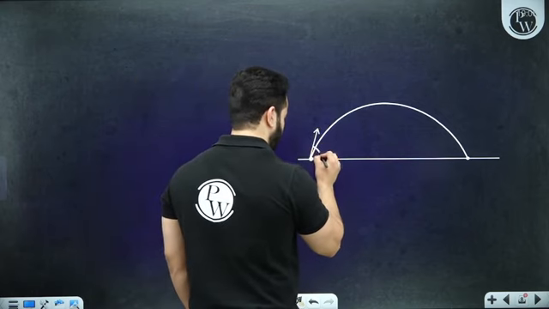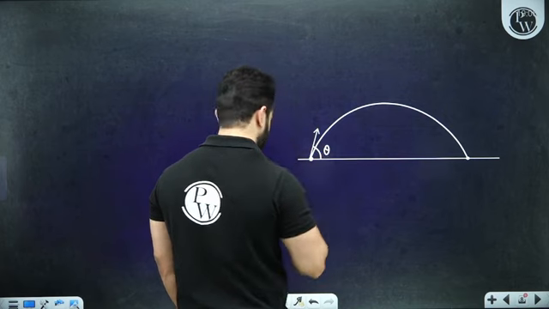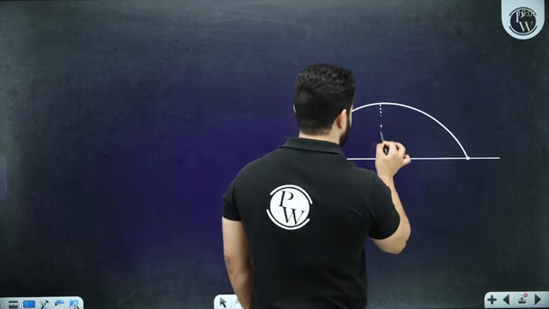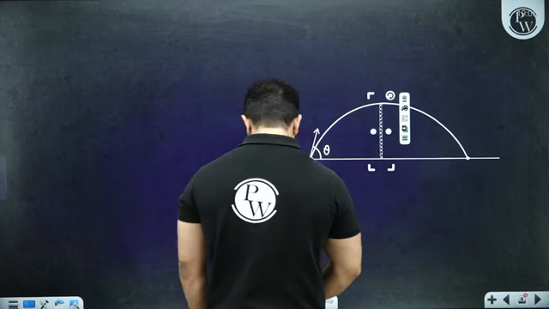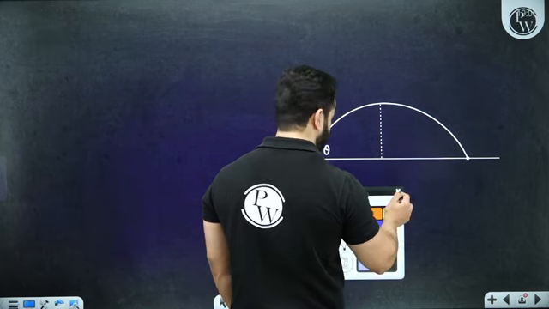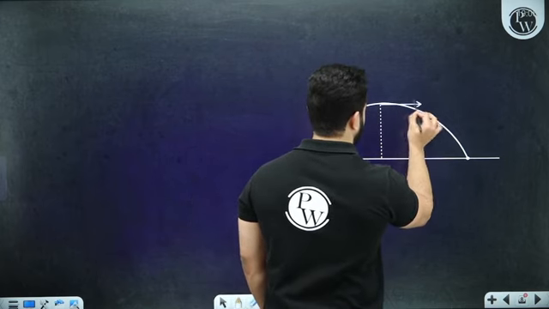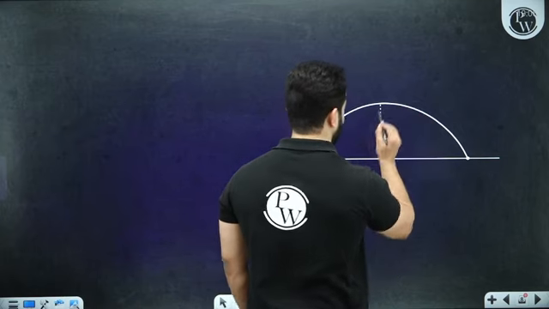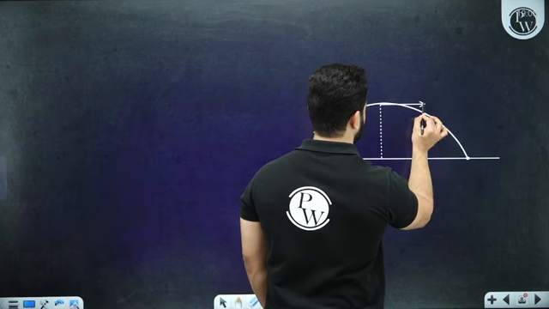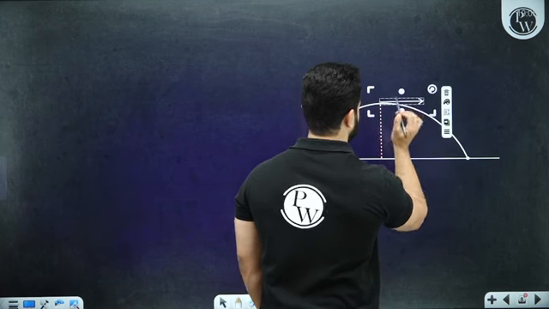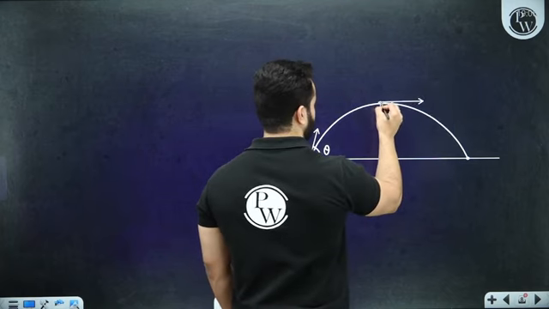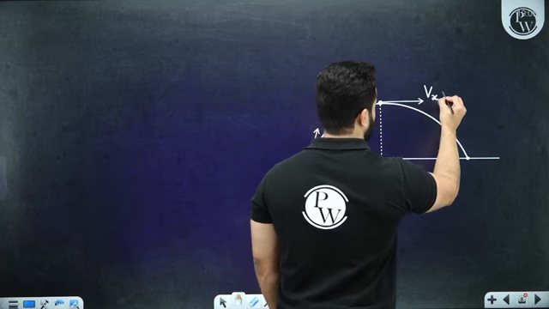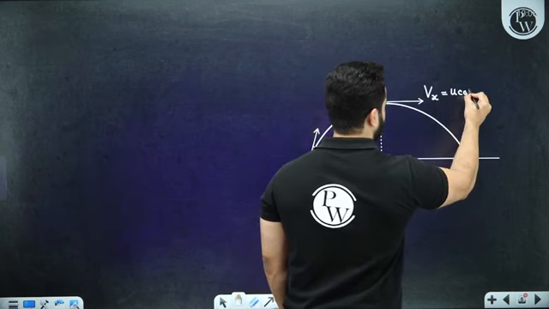The angle of inclination was theta. Now, please see that at the maximum height, we know that the only component of velocity is the horizontal component. And this is Vx, which is equal to u cos theta only.